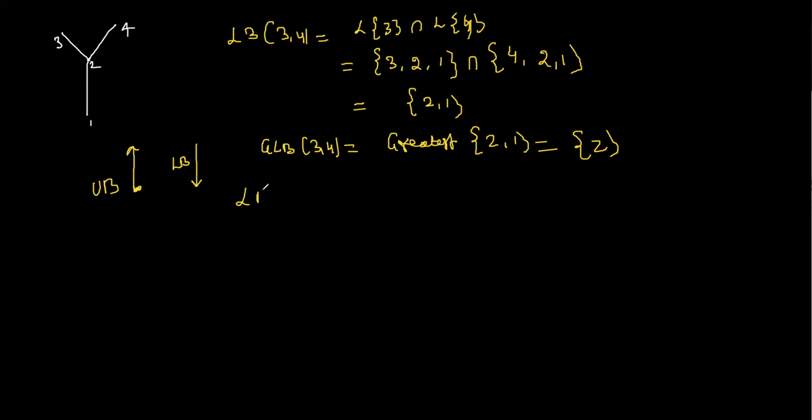Now tell me what is the lower bound of 1, 2. 1 is 1 and 2 is 2, 1. But 1 is a single element. So greatest will be 1.